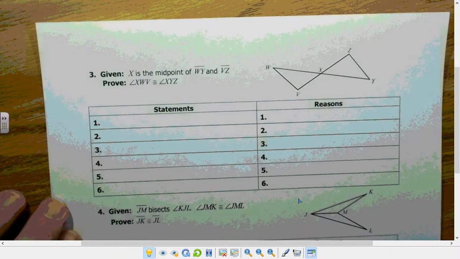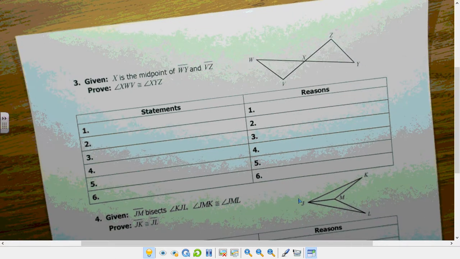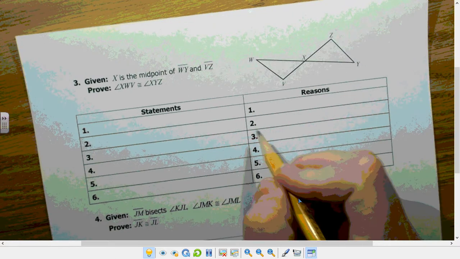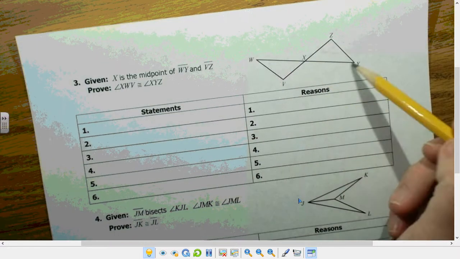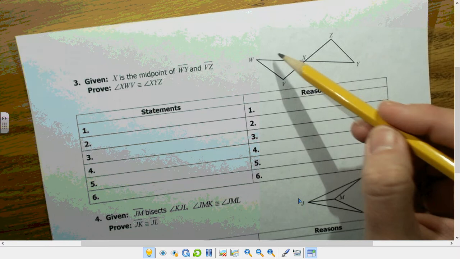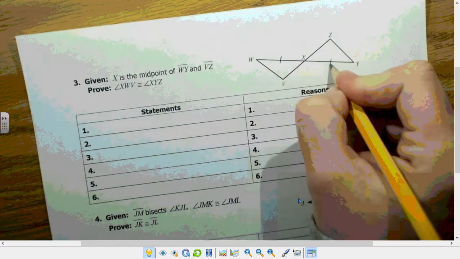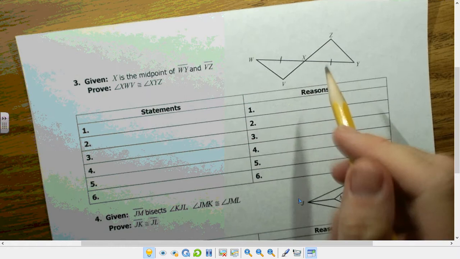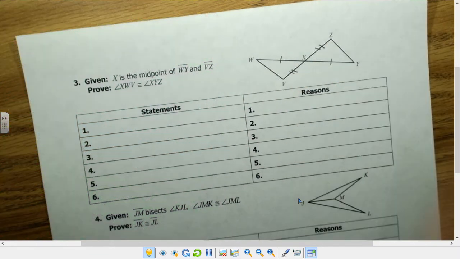Okay, so we are given, these just get a little more complicated as we go. So we are given that X is the midpoint of WY and VZ. So if X is the midpoint of WY, that means these two are going to be equal to each other. And if X is the midpoint of VZ, that means these two are going to be equal to each other.